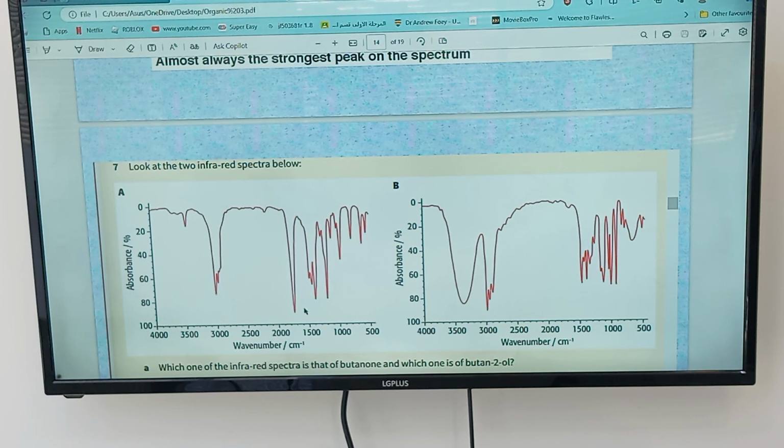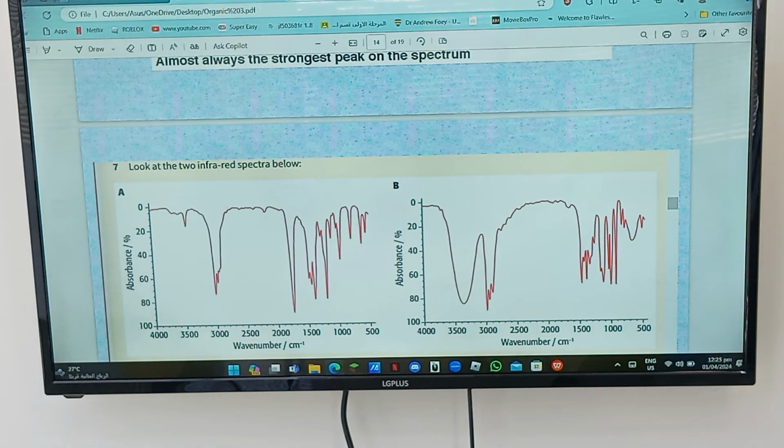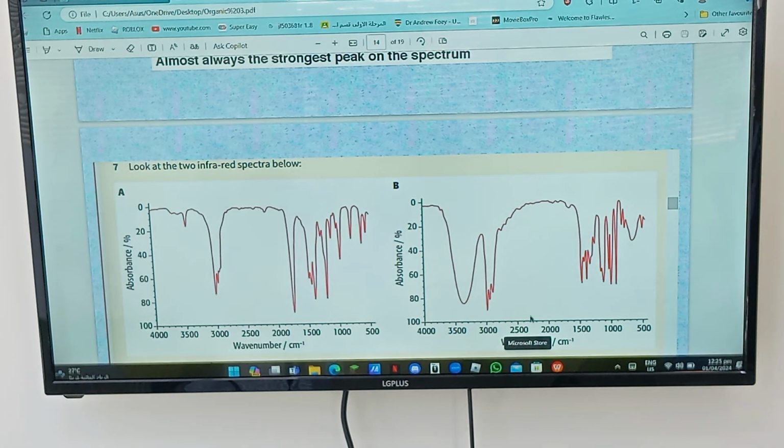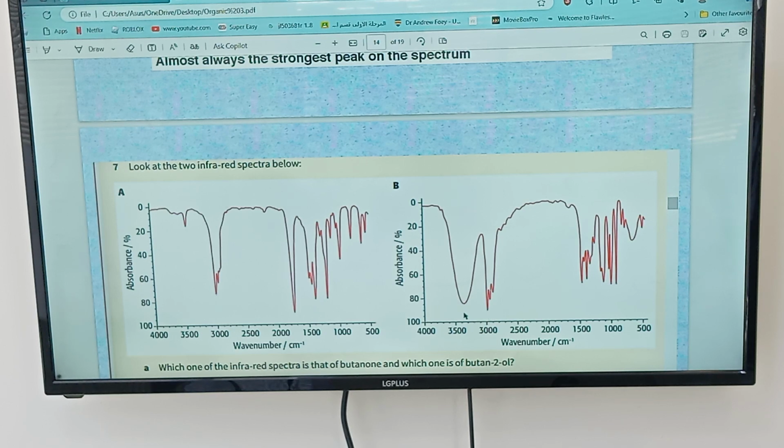This is the sharp peak, from here to there. Where's the sharp peak between here to there. First of all, we look out for the sharp peak. Where is it?